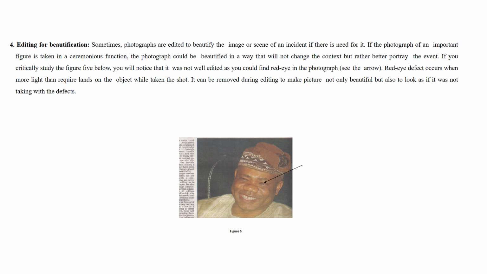If you critically study figure 5 below, you will notice that it was not well edited as you could find red eye in the photograph. See the arrow. Red eye defect occurs when more light than required lands on the object while taking the shot. It can be removed during editing to make the picture not only beautiful but also look as if it did not have the defects. Now take a look at the photo.